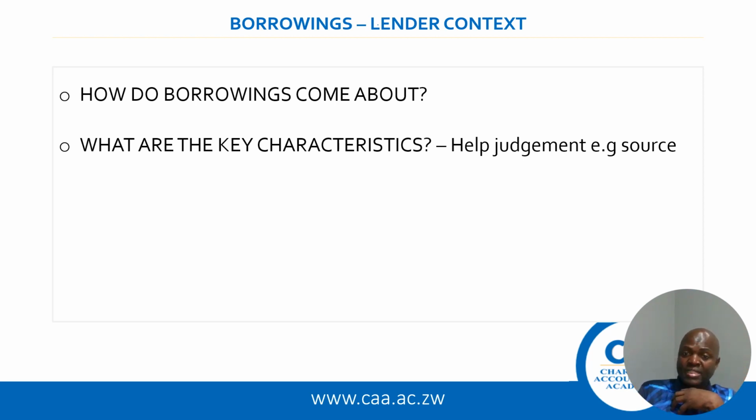Why am I being given this interest? I extended credit to someone. So where did it happen? So that's just an example of why you need to understand the characteristics of a loan principal, the characteristics of the interest, and the characteristics of the loan repayment, because they will help you judge so many other downstream elements, such as the determination of the source.